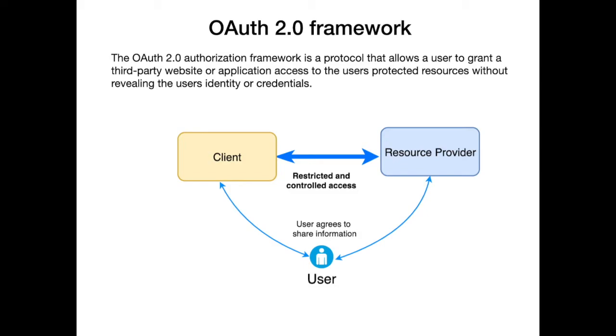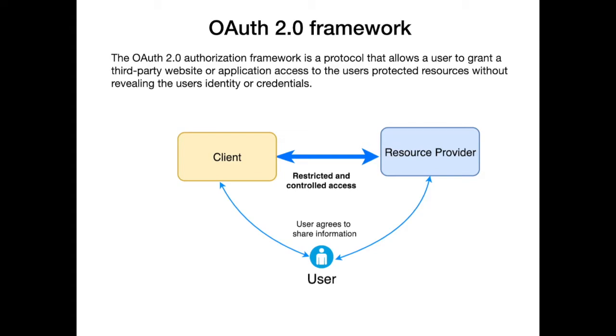So what is the OAuth framework? The OAuth 2.0 authorization framework is a protocol that allows a user to grant a third-party website or application access to the user's protected resources without revealing the user's identity or credentials.